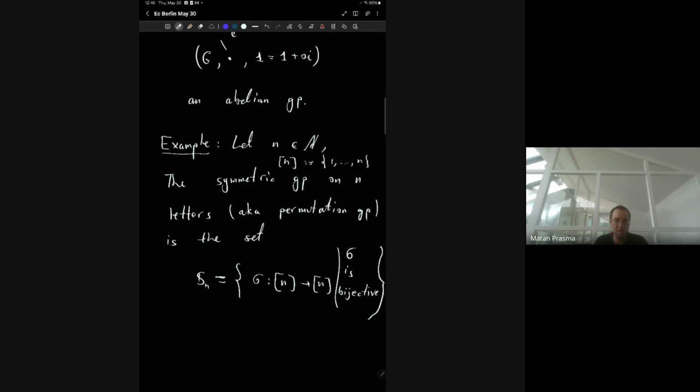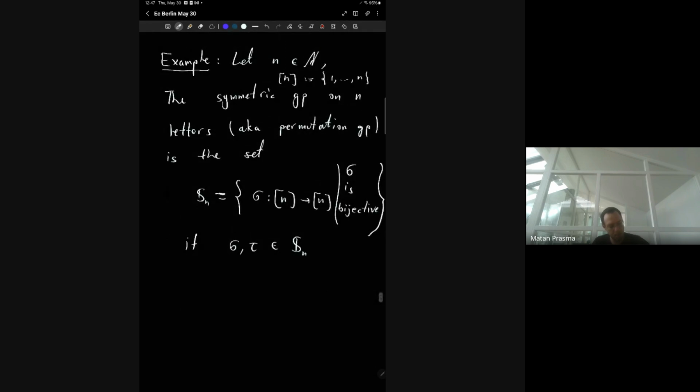And on this set, I have a natural operation. If sigma and tau are two elements in Sn, that is, two functions from n to n, then sigma star tau is defined to be sigma composed with tau.